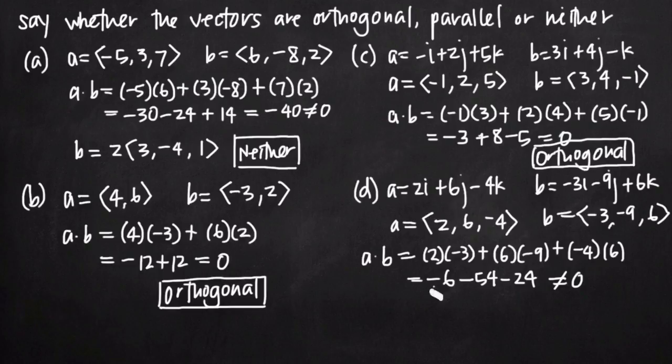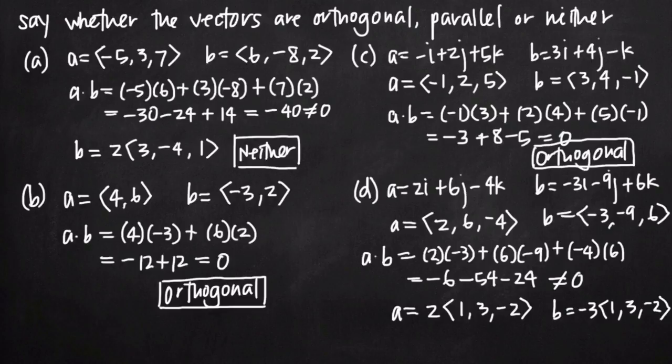Notice that out of A and B, I can factor a couple things here. So for A, I'm going to factor out a 2. Factoring out a 2 gives me 1, 3, and negative 2, like this. For B, I can factor out a negative 3. So if I factor out a negative 3 here, I'll get 1, positive 3, and negative 2.